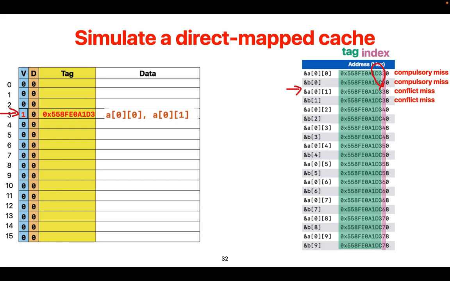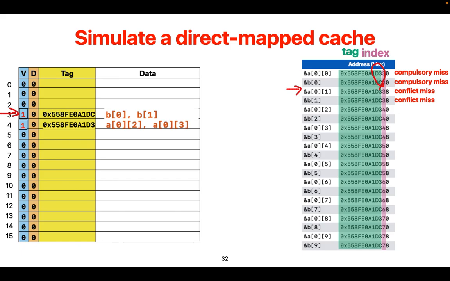Now, when I'm accessing A02, hit or miss? What kind of miss? Compulsory. Why is it compulsory? Because it's the first time we access the A02 and A03 block.